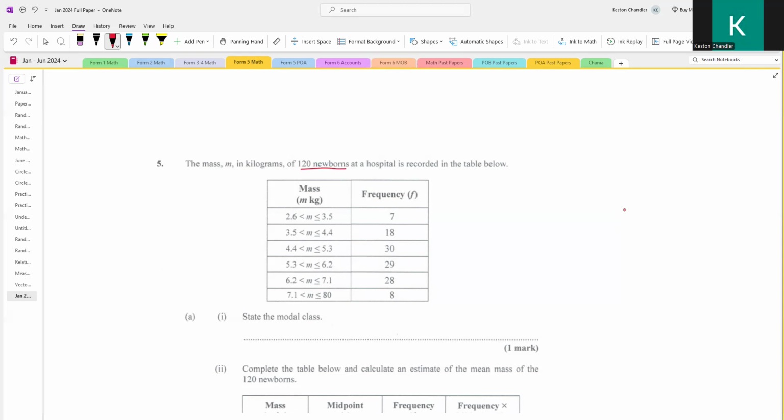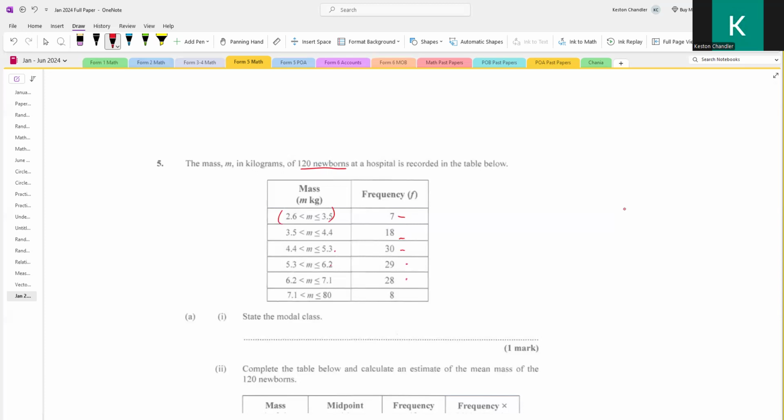So to make life easier, you see how many babies weigh between 2.6 kgs and 3.5 kgs, how many between 3.5 and 4.4, how many between 4.5 and 5.3, and like that, you're going down the line. So there are 7 babies falling in between these weights. That's a class in itself. So there are babies in the class 2.6 to 3.5. Then there are 18 of them inside of this, 30 inside of this, 29 inside of this, 28 inside of this, and 8 inside of that.